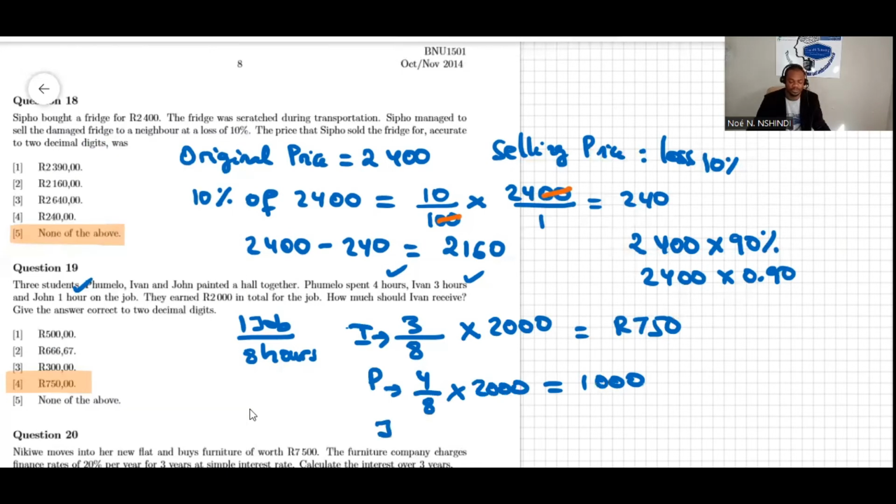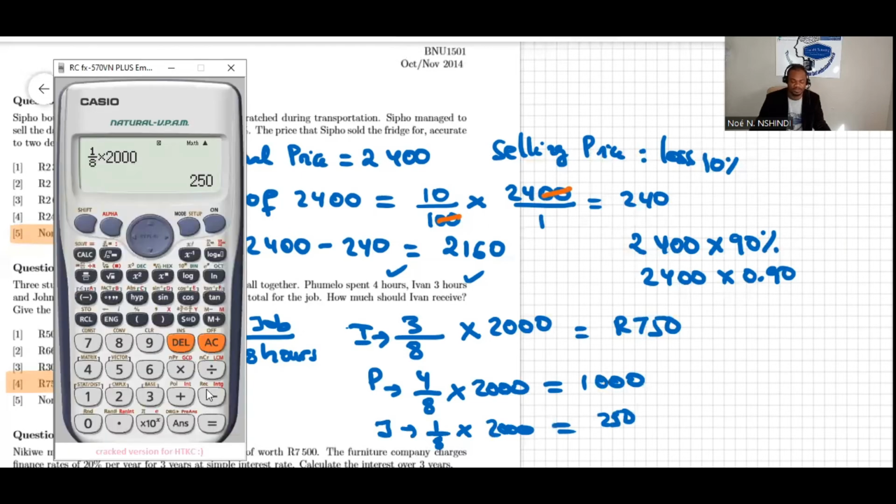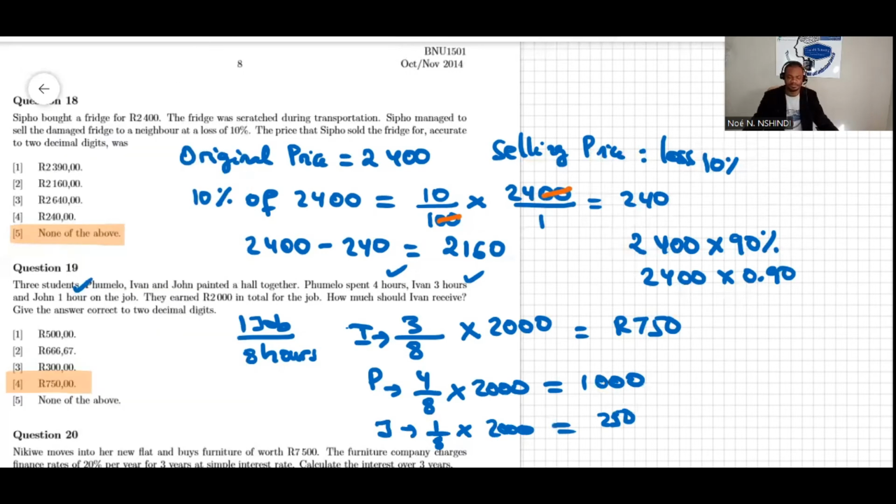Now the total, 250 plus 1,000 plus 750, must be equal to the total 2,000. Yes, it is. So the correct answer is alternative 4, as we said.